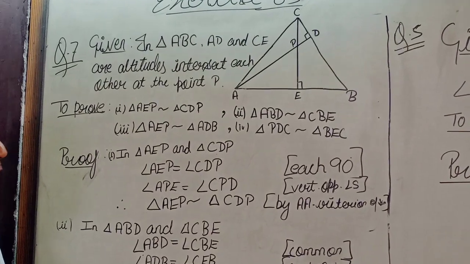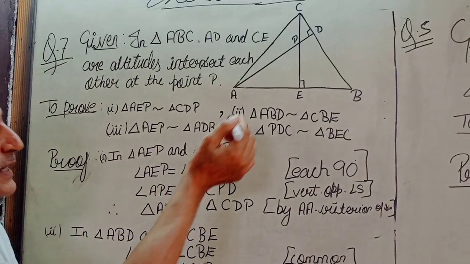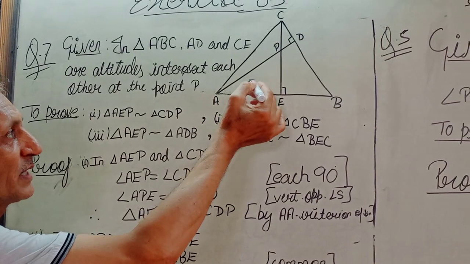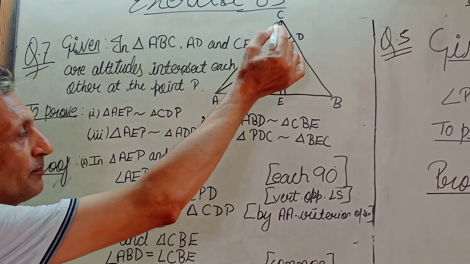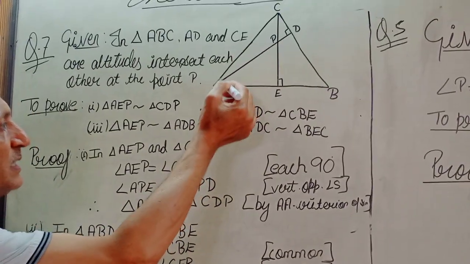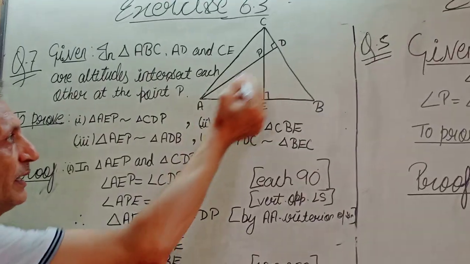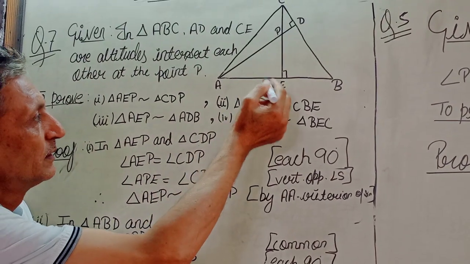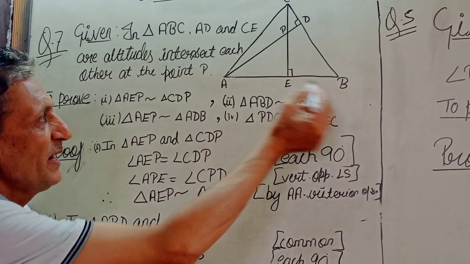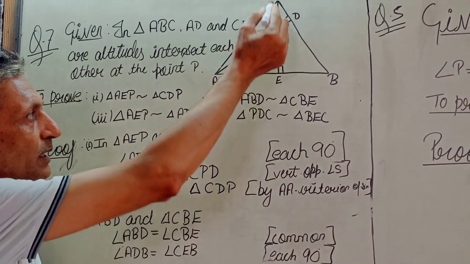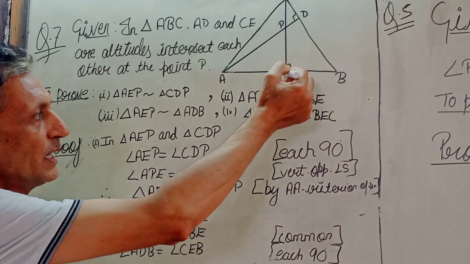We have to prove triangle AEP is similar to triangle CDP. Second, triangle AEP is similar to triangle ADB. Third, triangle ABD is similar to triangle CBE.